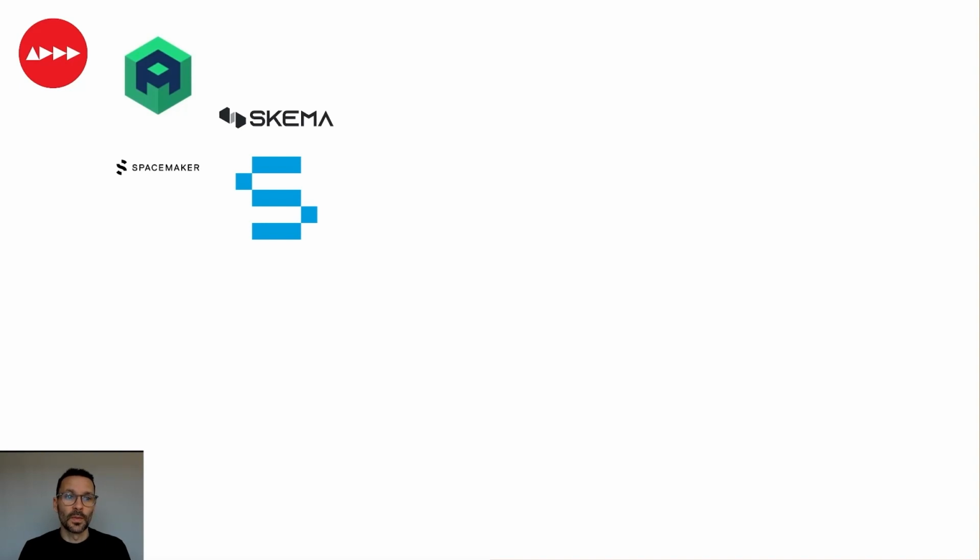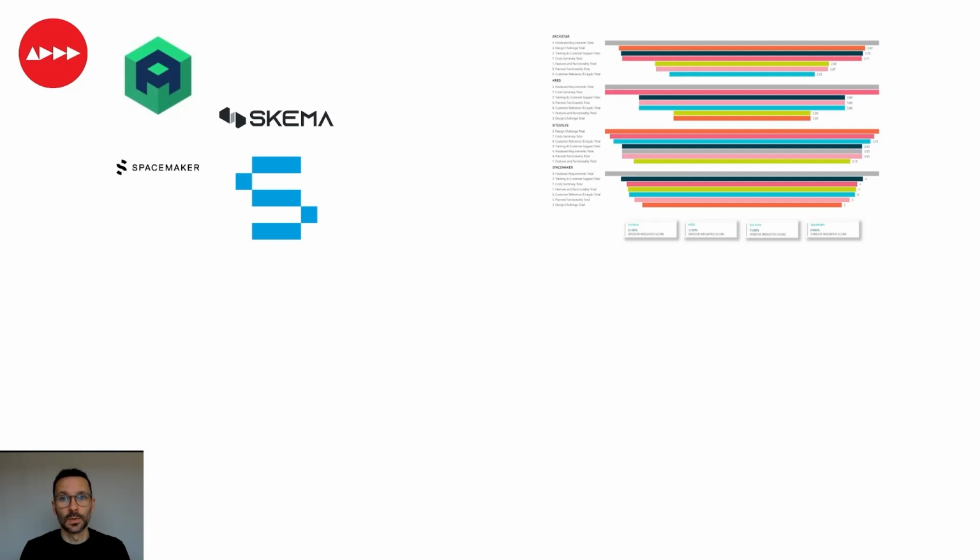So an example of that is that we have Schema, Archistar, SpaceMaker and SiteSolve. These are all generative design software, and we had a client that wanted to look at finding out which one was the most effective generative design piece of software for them for early stage feasibility. This is for a housing client, so not necessarily an architect, but it would apply across a number of different consultants.